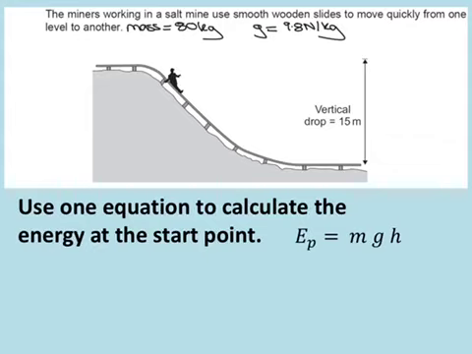This will be gravitational potential energy equals their mass, which is 80, times gravitational field strength, which we're given as 9.8 newtons per kilogram, times the height, which is 15, which if we work out on a calculator comes out at 11,760 joules.